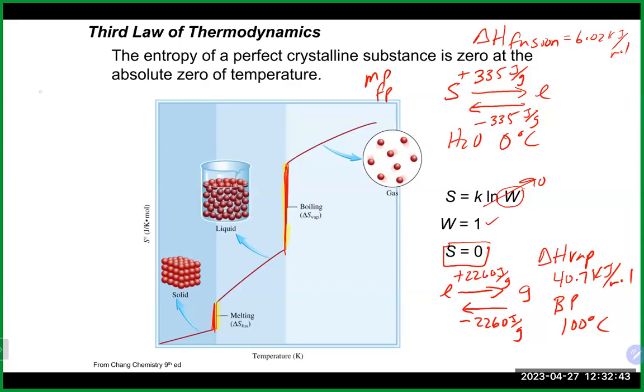Yeah, we should use our specific heat equation, which I think is what was just said, I hope. So Q is equal to m s delta T, which is our heat, our mass, and our specific heat capacity. Some books use SH, some books use C, and that's our change in temperature.